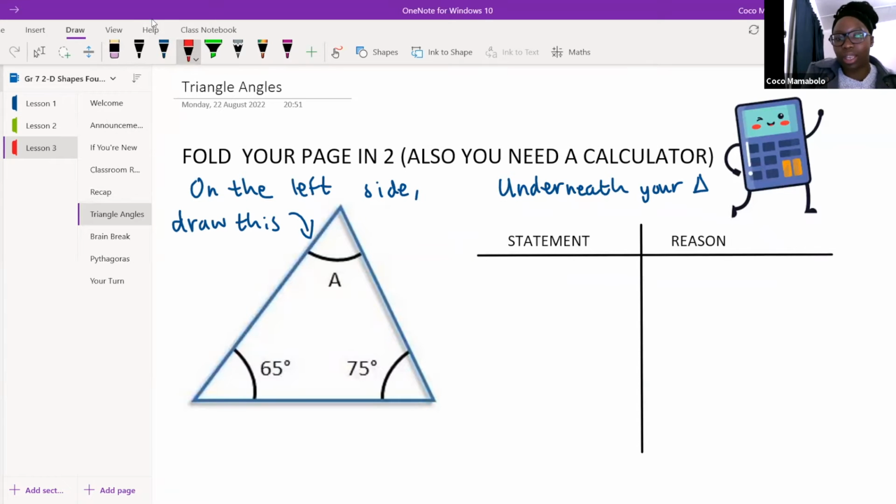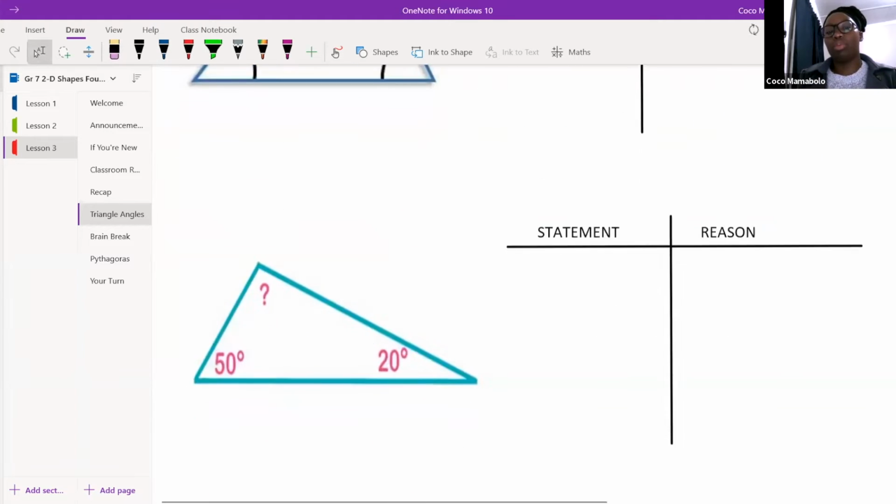So this is where the page is folded. This is the fold. And then you're going to draw this line, and you're going to write statement, and you're going to write the reason on the other side. Okay. All right. That shouldn't take everybody too long. I think we're going to move on. If you're still a little stuck, we'll continue with that one.